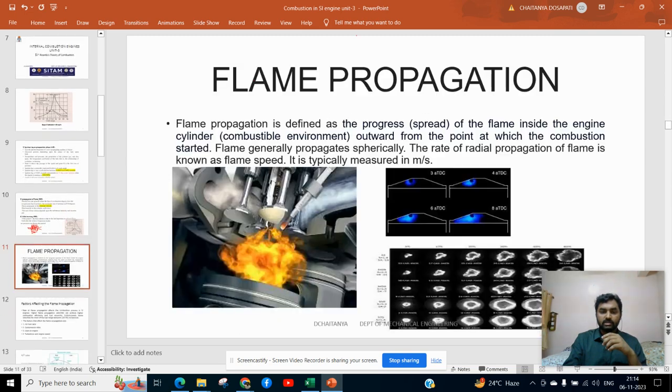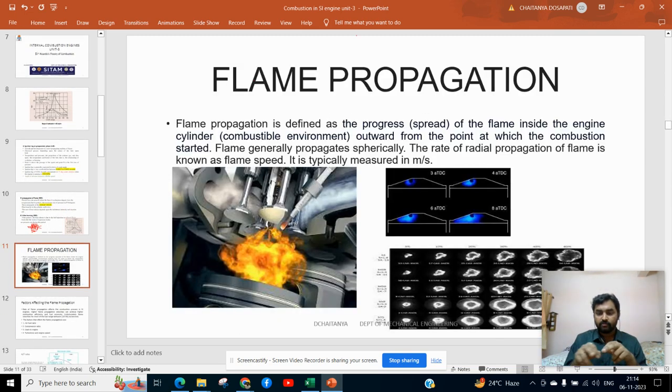Okay, so you can see the real values of simulation on this diagram. See, 3 degrees ATDC, 4 degrees ATDC, 6 degrees ATDC, 8 degrees ATDC. So this is observed after TDC, top dead center. After reaching top dead center, at 3, 4, 6 and 8 degrees, the flame propagation, which is in blue color, you can see the intensity.